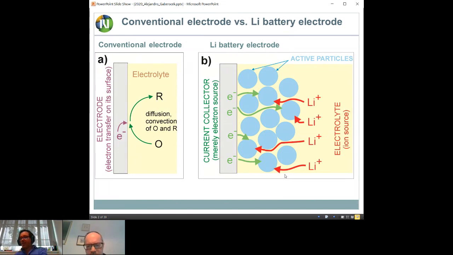These active particles don't have to be particles like NMC. They could be whatever. Also, inert particles on the surface of which something happens. So you have reactions like maybe in fuel cells, supercapacitors, or maybe in some batteries like sulfur batteries, and so on and so on.